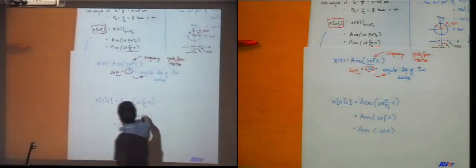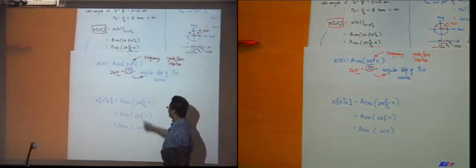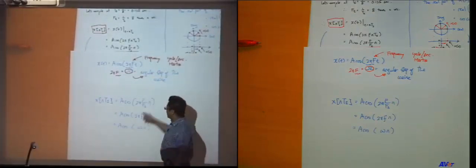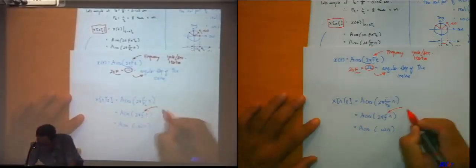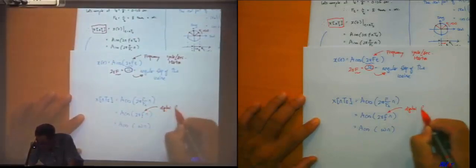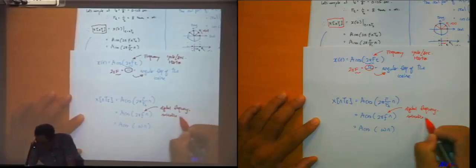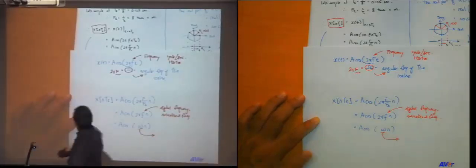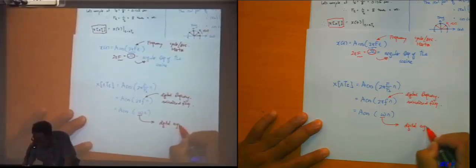They all mean the same thing. This is the original equation that we have derived. This small f is nothing but capital F divided by Fs. It has a special name: the digital frequency, or sometimes called the normalized frequency. And this small omega also has a name: the digital angular frequency.